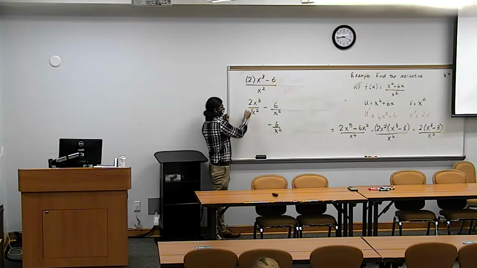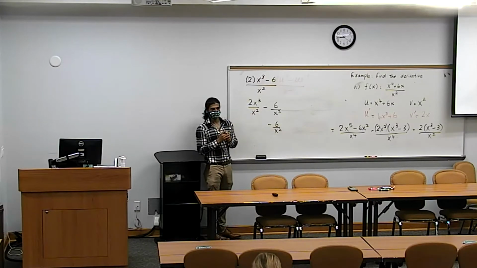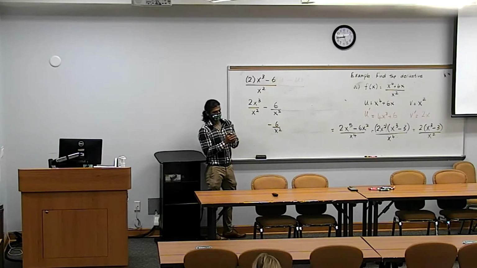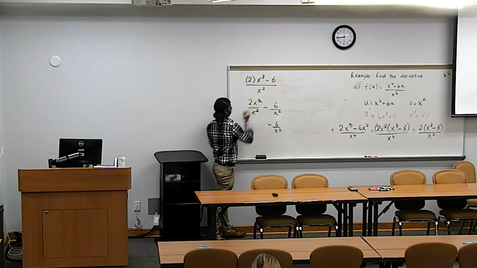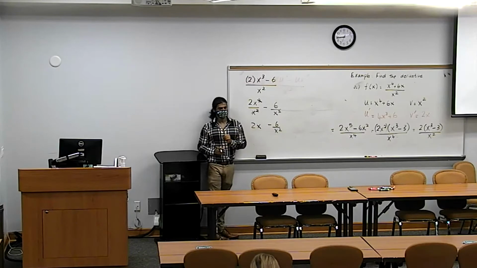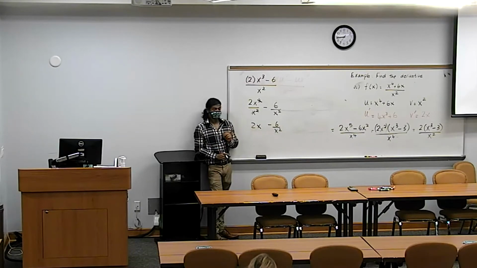What would happen to those two? X would cancel the bottom, left with 2x. What have I made so far?